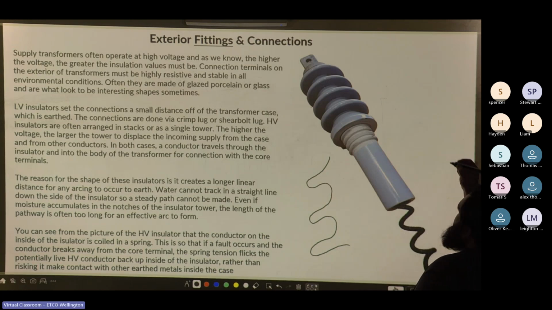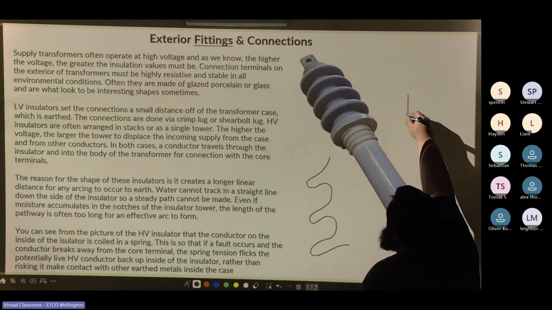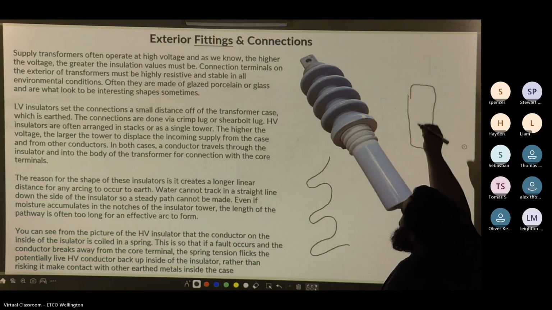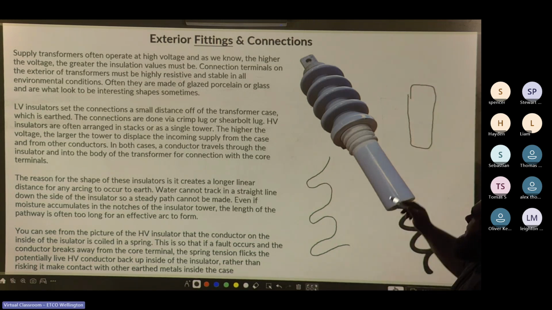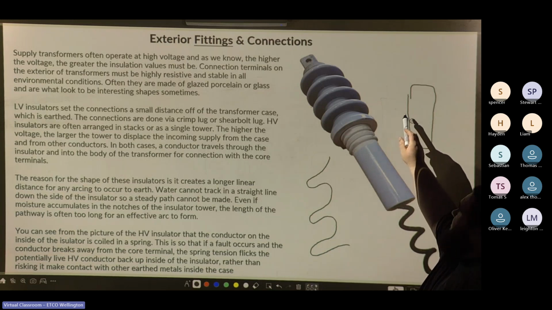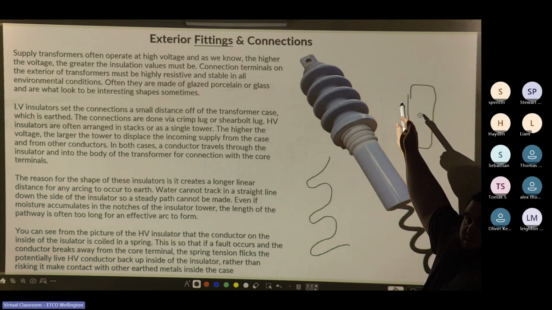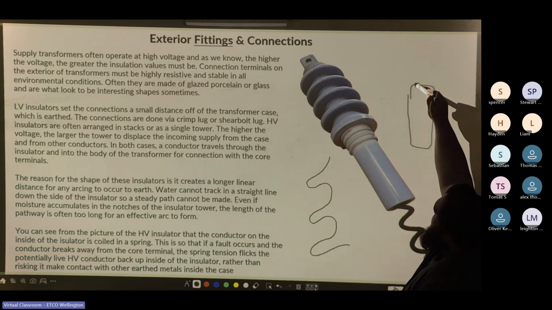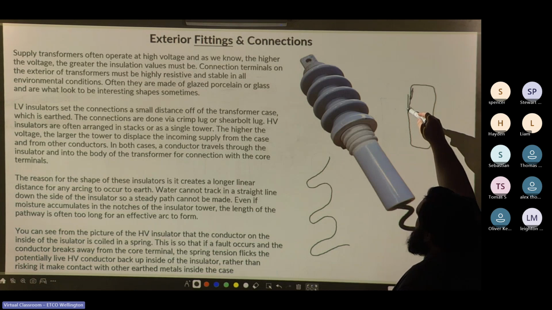So imagine I have an insulator and it just looks like this. What happens is dust, possibly conductive dust, will build up on this. Water or rain will come down and get in contact with that dust and form kind of a slurry.